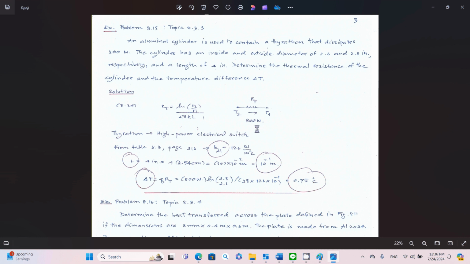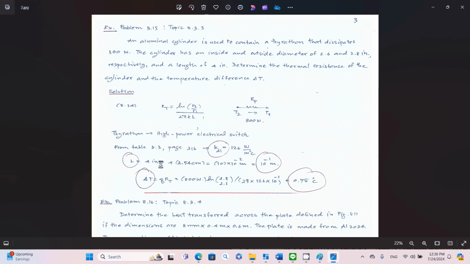From equation 8.34, because this is the cylinder, your RT equals ln of R2 over R1 divided by 2 pi kL. From table 8.3, page 316 of my book, your k for aluminum is 126 watt per meter degree Celsius, and L is given, right? 4 inches.